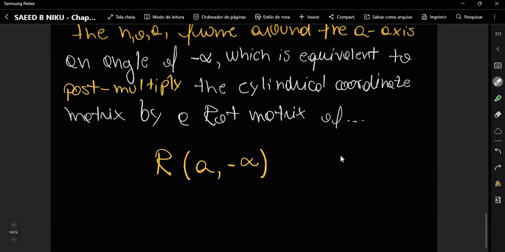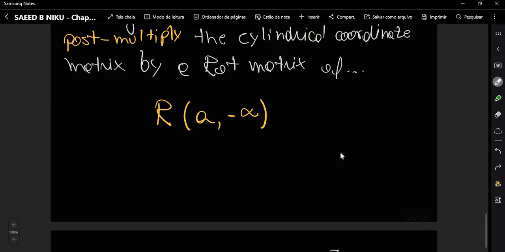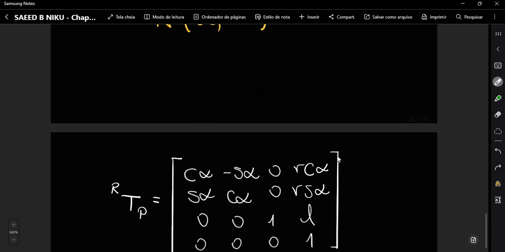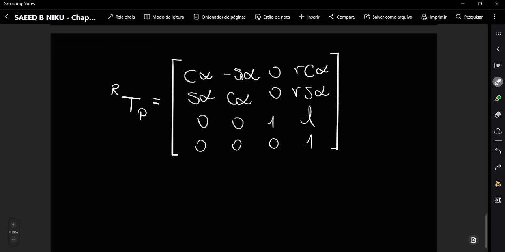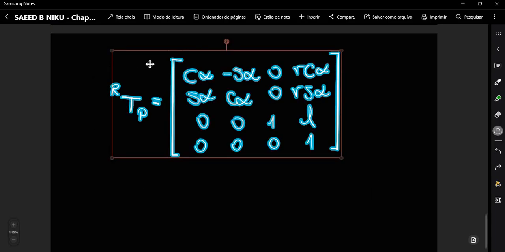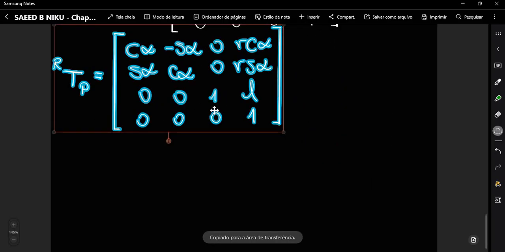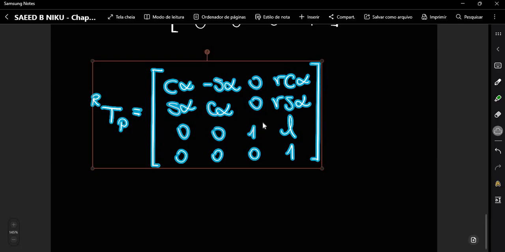But if I'm not wrong, it is minus sine of alpha. So that is the matrix which represents the original position and orientation of the robot before it got restored.